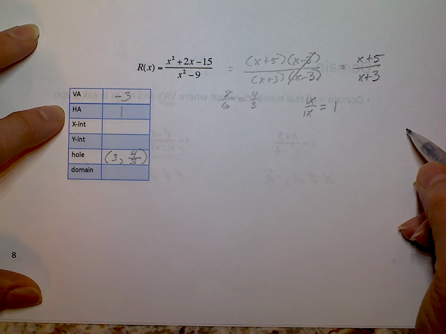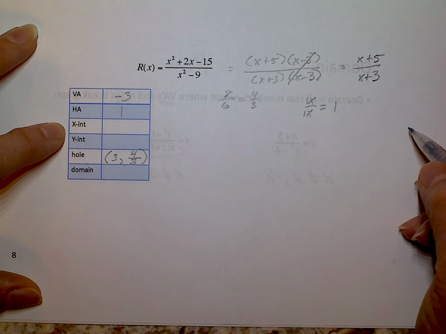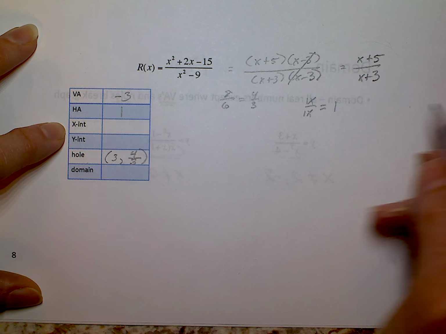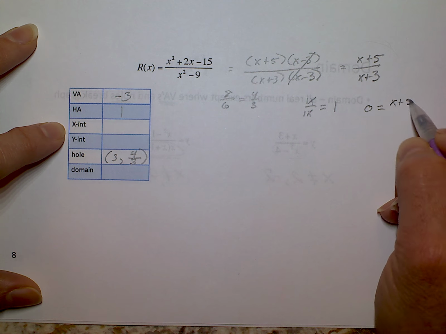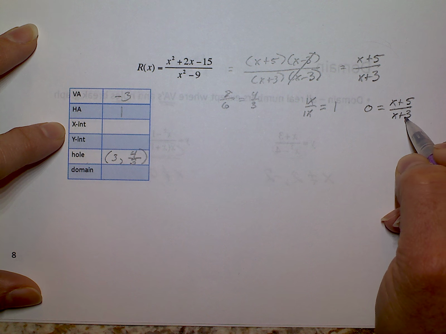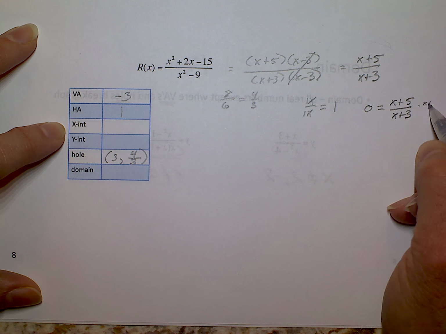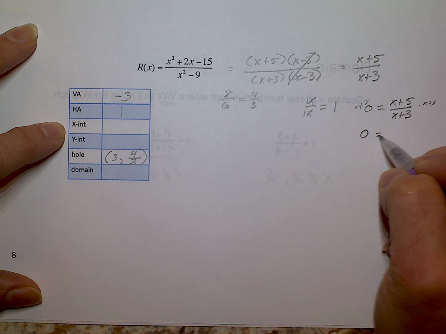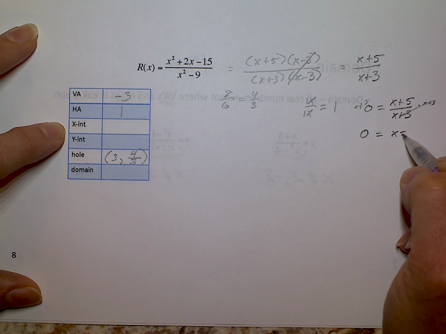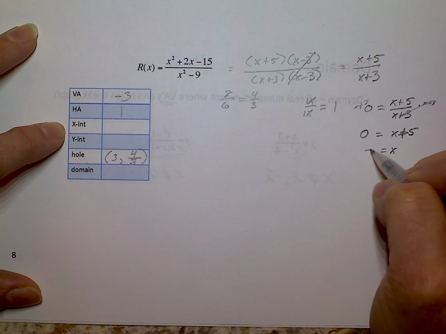Okay. For the x-intercept, that's where y equals 0. So I would take my function and set it equal to 0 and solve. Do you remember how this always worked? When I multiplied by the denominator, this just becomes 0. This goes away and it equals the numerator, and then I solve.